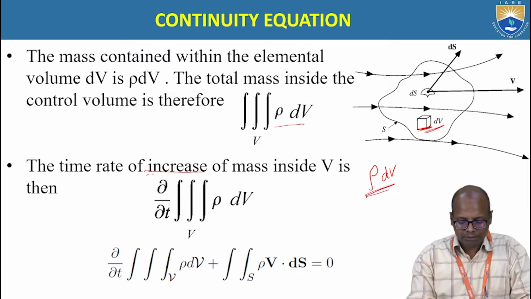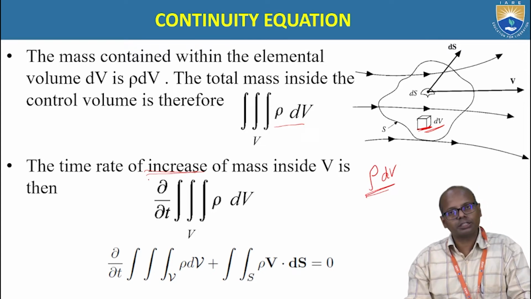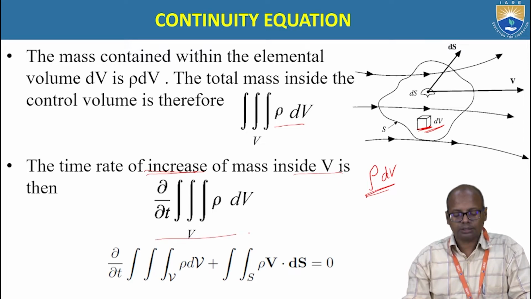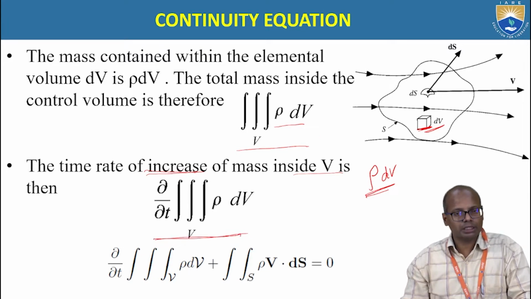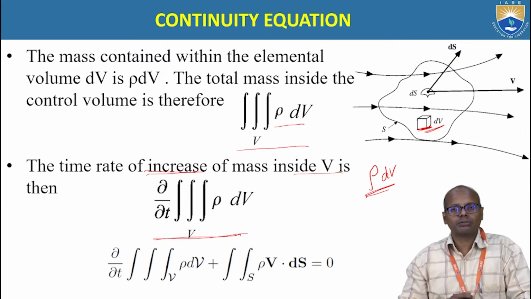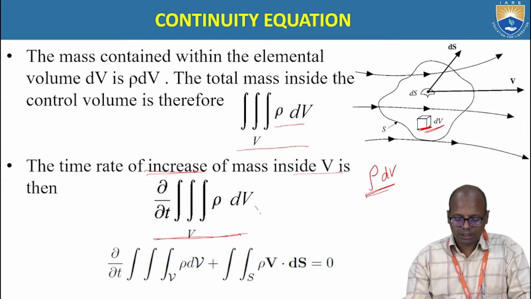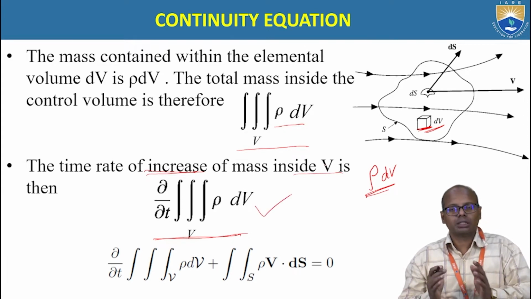So it can be increase or decrease. You can write the time rate of change of mass inside the control volume like this. This is the mass of the control volume, and if I apply dou by dou t, I will get the change in the mass of the control volume with respect to time.